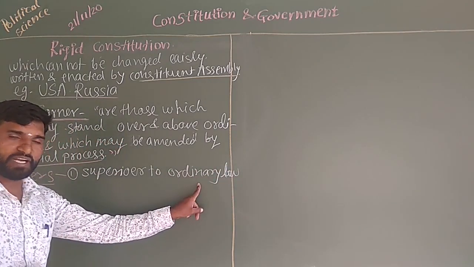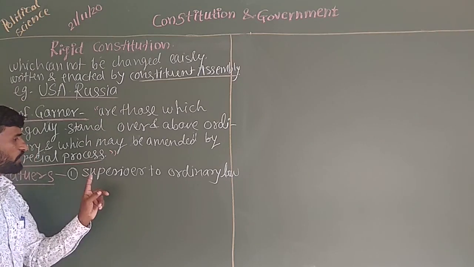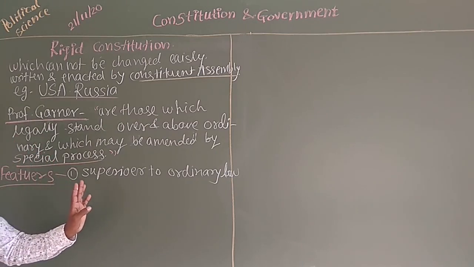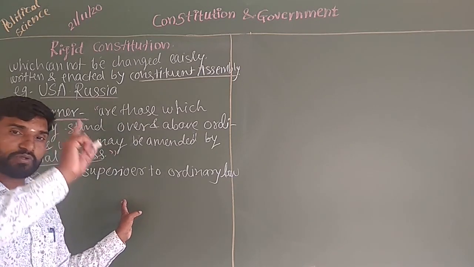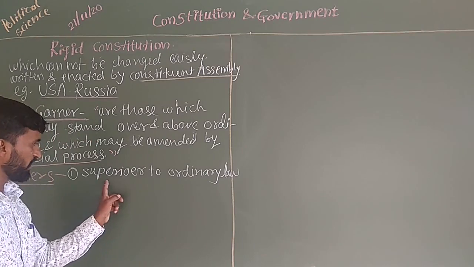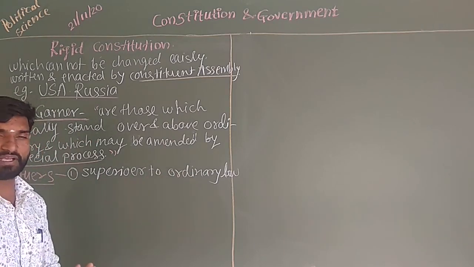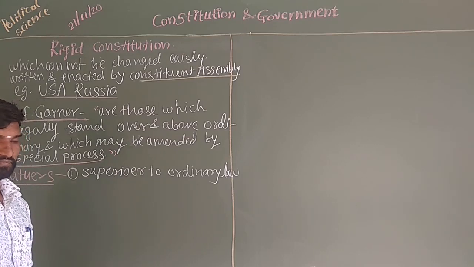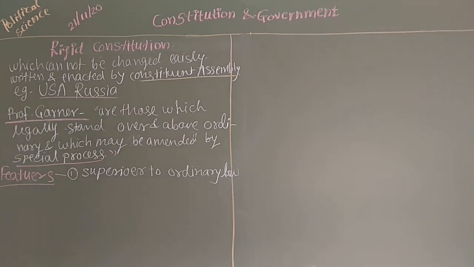Ordinary law is made by the members of parliament, and the constitutional law is made by the constituent assembly. So it is superior to ordinary law. Okay, so that is the first thing.